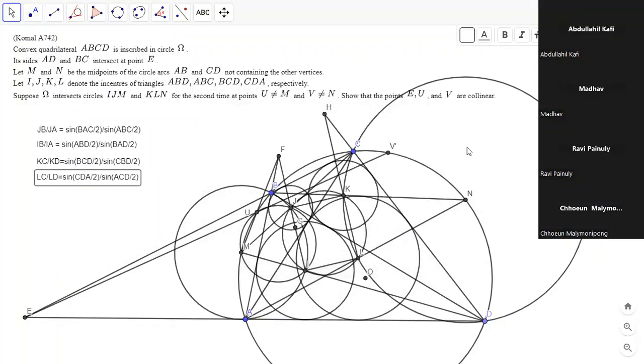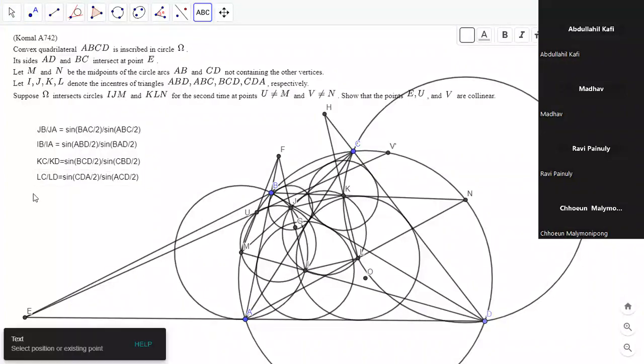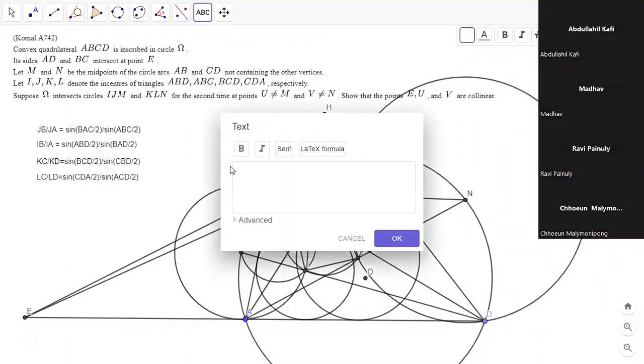And then we need EB over EA. That is basically sine A over sine B. So EB over EA is sine A over sine B.